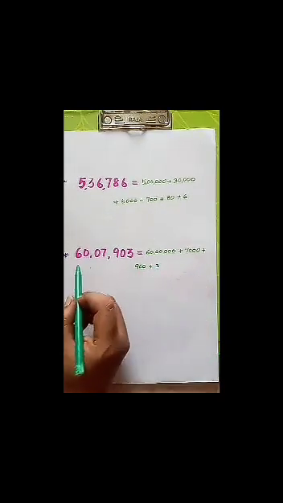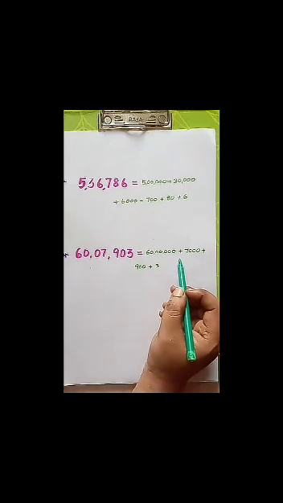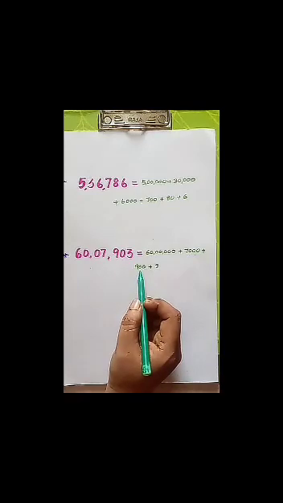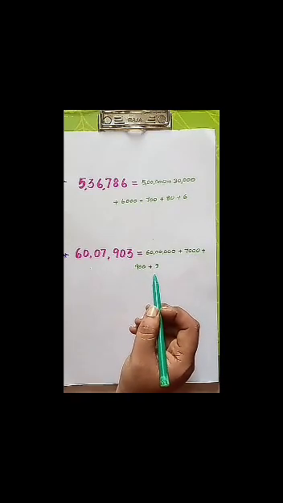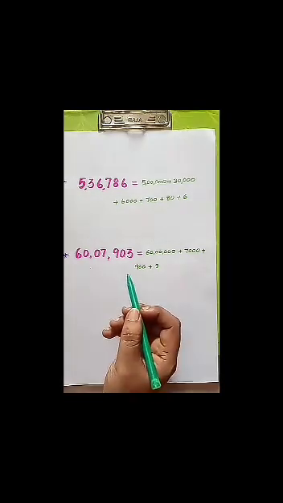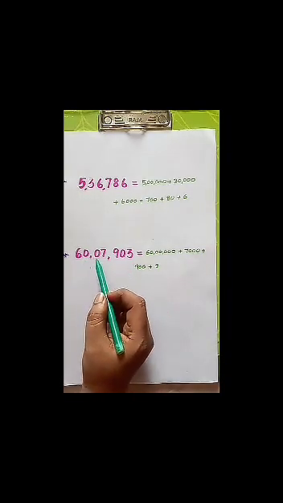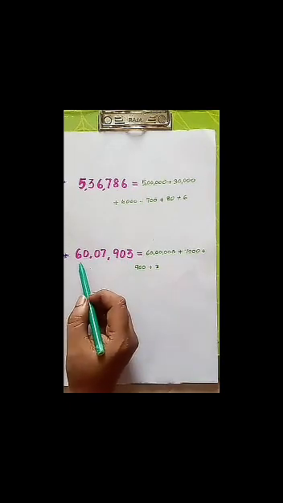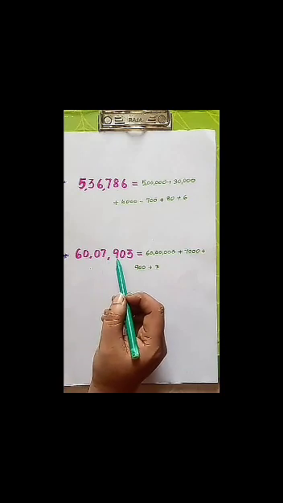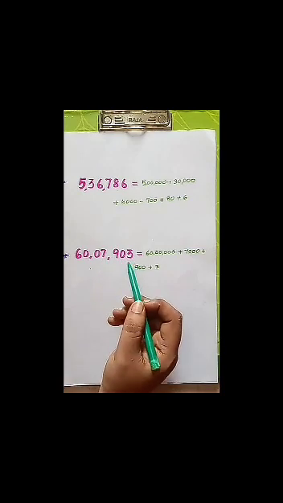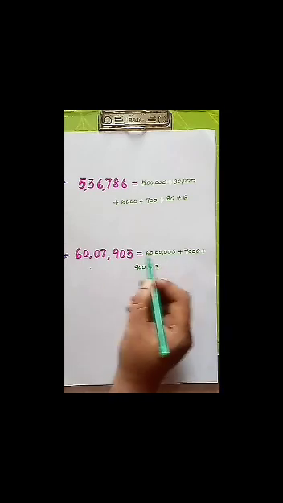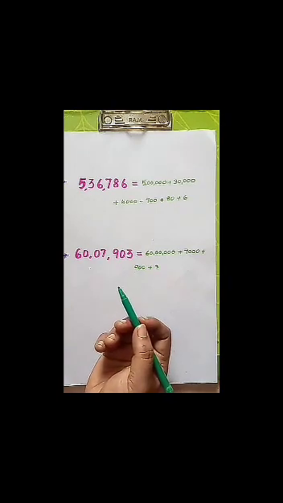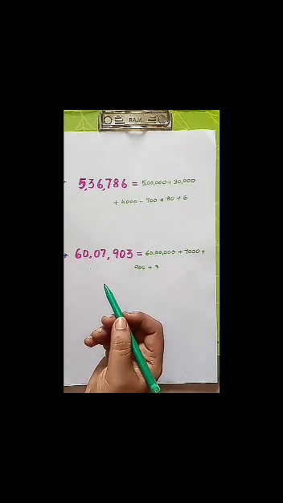Here you see 60 lakhs plus 7,000 plus 900 plus 3. Here there are 0 lakhs, 0 ten thousands and 0 tens in 60,07,903. So we should not write the zeros here. Now you can clearly understand this expanded form.